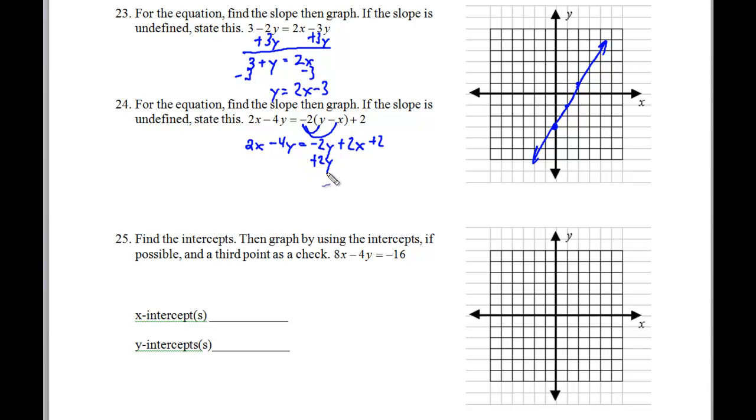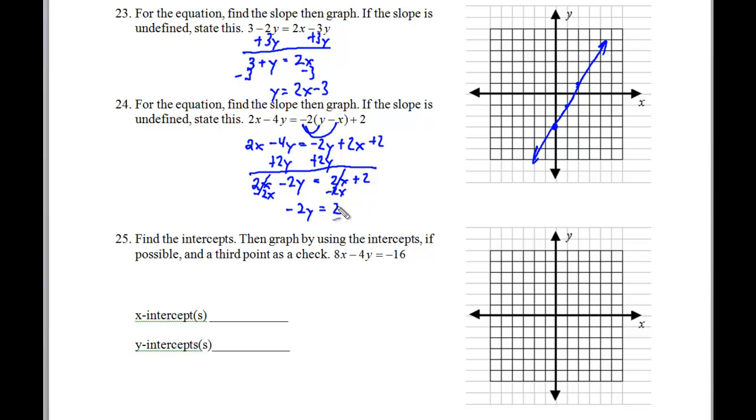So I'm going to add 2y, add 2y. So I've got 2x minus 2y is equal to, on this side, 2x plus 2. I'm going to subtract the 2x from both sides, and actually what happens is they both go away, so now I've got negative 2y is equal to 2.